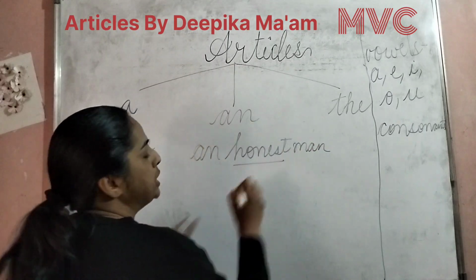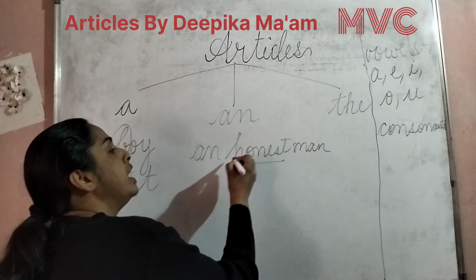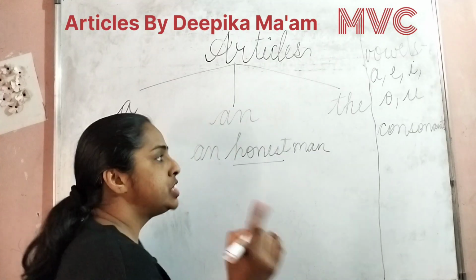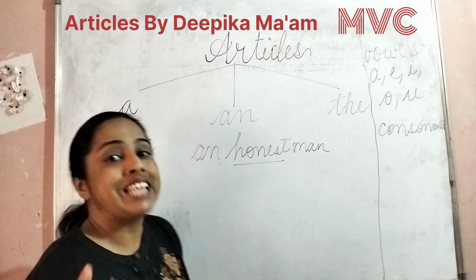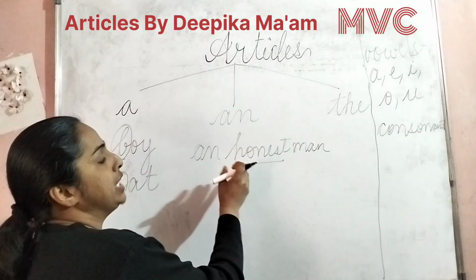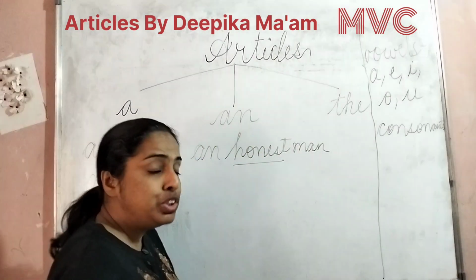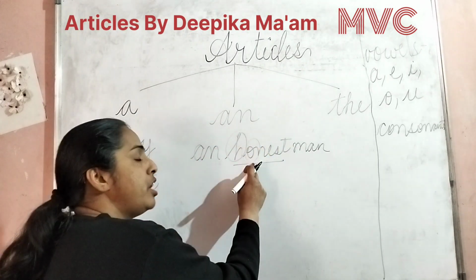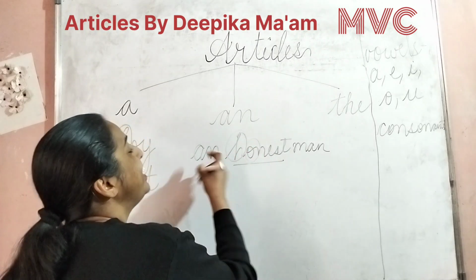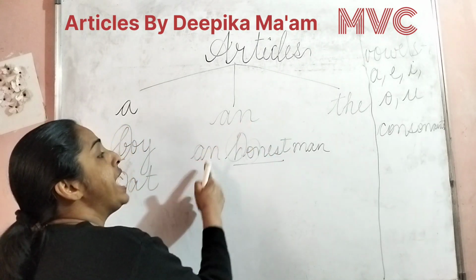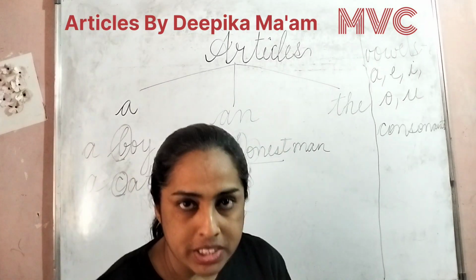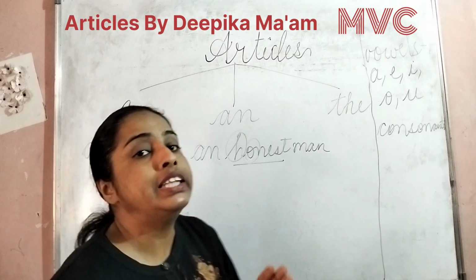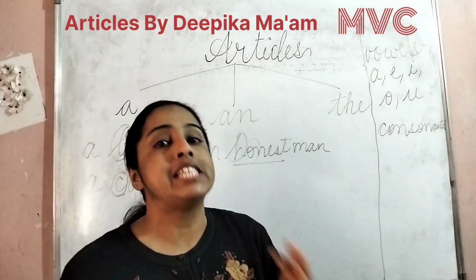Now, honest is written like honest, but pronounced as onest. So, it is something to do with the sound. Honest is pronounced with the sound of O, not with the sound of H. Therefore, it will be prefixed by an.